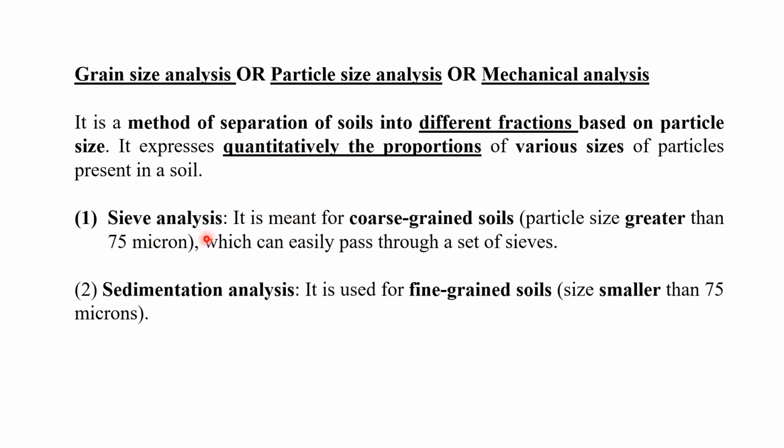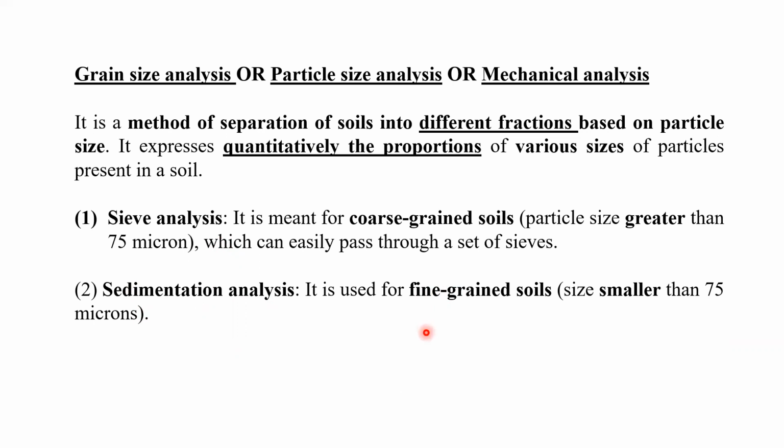So in the case of sieve analysis, which we are going to discuss today, we have to segregate the coarse grain size particles above 75 micron size. In the next lecture, we shall discuss sedimentation analysis, also called wet analysis, for particles having sizes less than 75 micron, that means silt and clay.